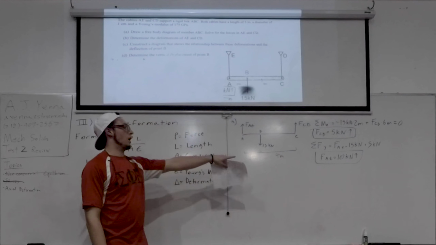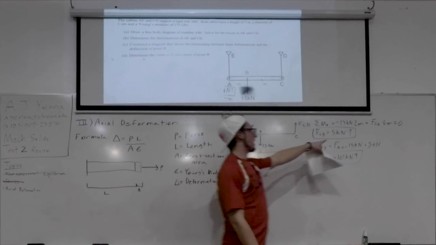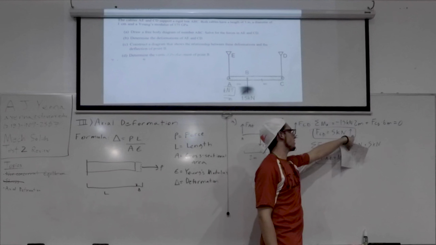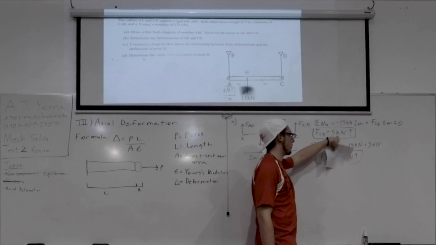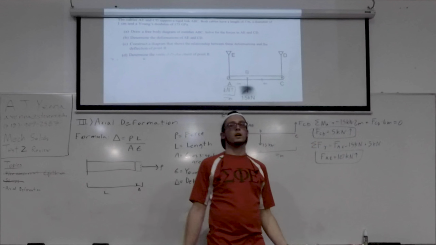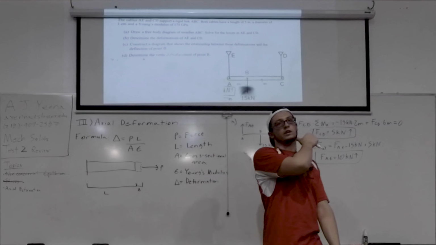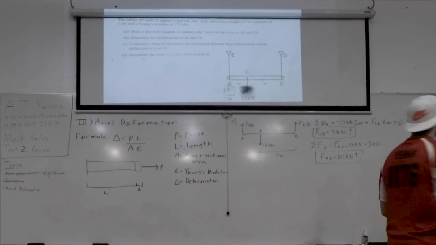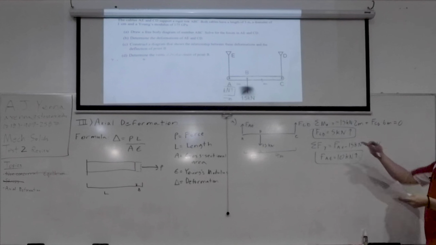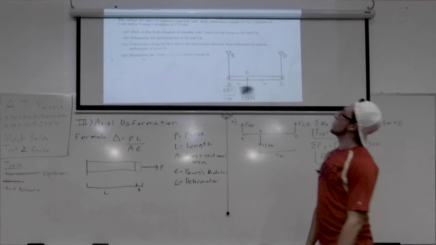Pretty good. Again, just remember to keep these arrows to notate the direction, because if they ask for the vector, they want the magnitude and the direction. They will dock a point if you don't make it very obvious what direction the vector is going in. That's it for part A, free body diagram and force.